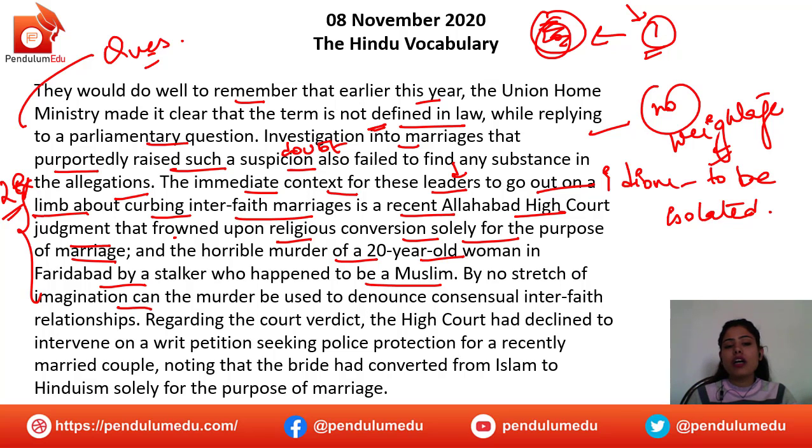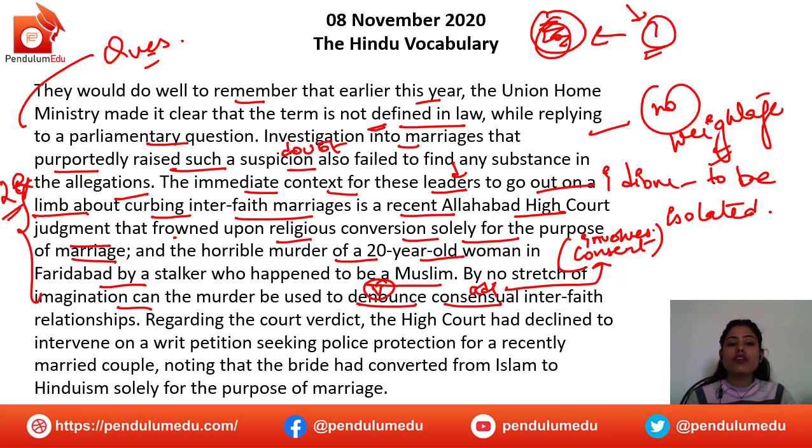Definitely, we here, if you see, denounce and consensual. Denounce is a verb, consensual is an adjective. Alright. Consensual interfaith marriages, that involves consent. Consensual is that which involves consent, जिसमें की सहमति मौजूद होती है, आपसी सहमति होती है.